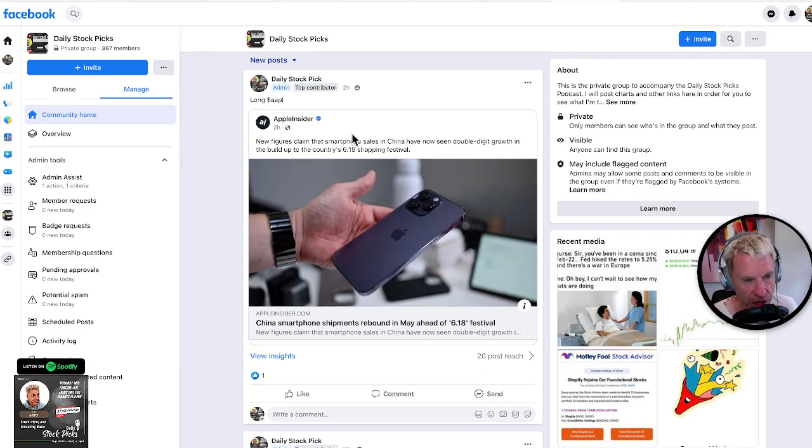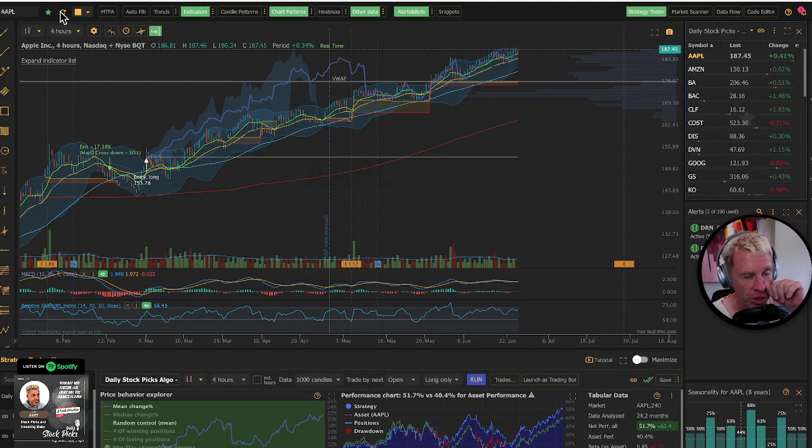New figures claim smartphone sales in China have now seen double-digit growth in the build-up to the country's 618 shopping festival. That's June 18th. It shows huge cell phone sales. That's why you're seeing Apple rise. If China is opening up and people are buying iPhones, that's where you see this rise.